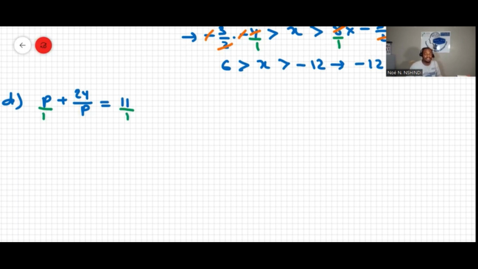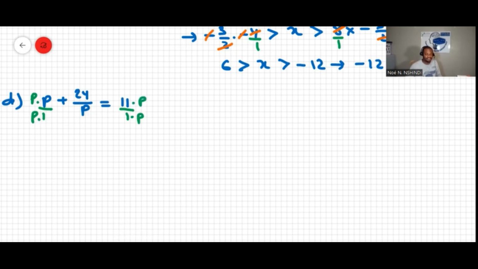So the LCM for this equation is just P. So if I want to make it P, I'll times here by P. I'll times there also by P. Over here I'll times by P to make a common denominator with that one, and then I'll times by P the numerator to keep the fraction the same, because P over P can be simplified. So I'll do the same over here also.